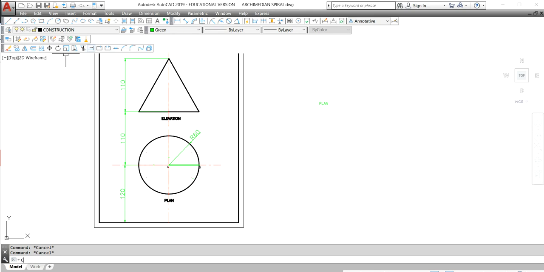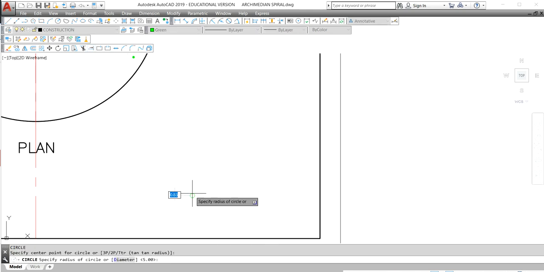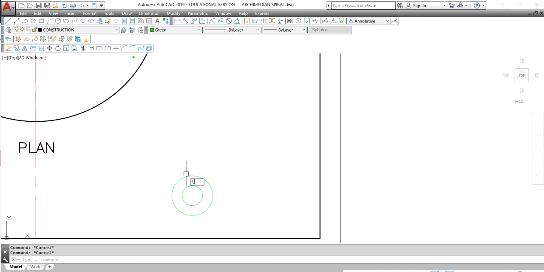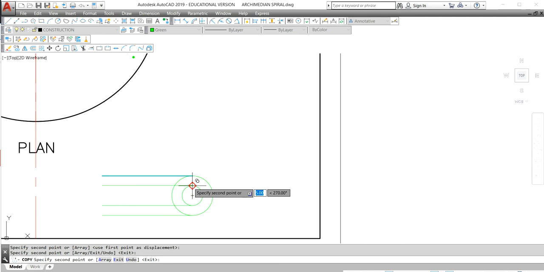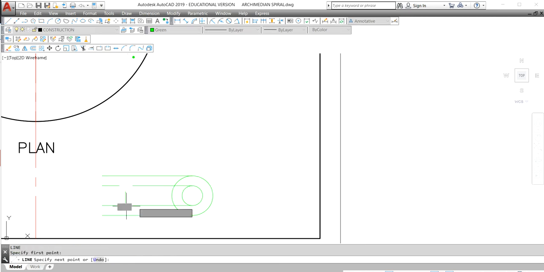The symbol for the first angle is a truncated cone, which we call frustum of a cone. The frustum, we draw it on the left hand side, and the circles we're gonna draw them on the right hand side.